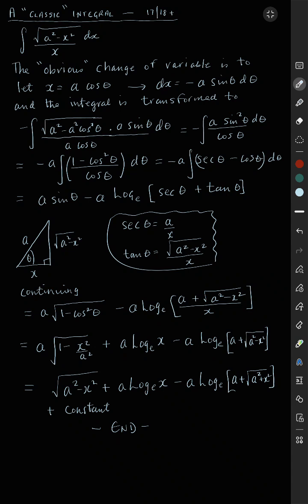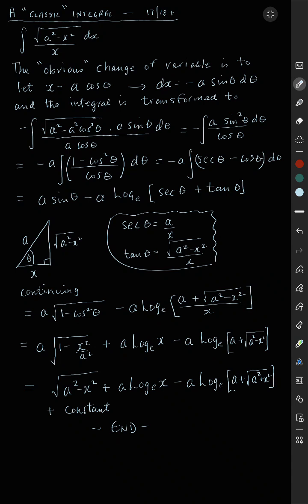And now we have to change back to the old variable, and I've drawn a little triangle there to help us realize that. So from that we can see that sec theta, which is the reciprocal of cos theta, will be a over x, and tan theta is opposite over adjacent, so that's the square root of a squared minus x squared over x.